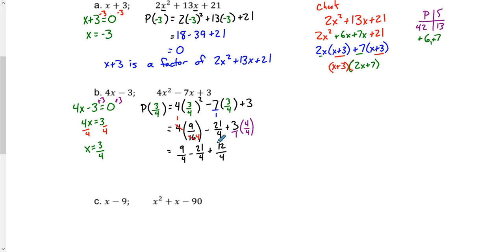Does that work out? 9 subtracting 21. Because now that we have common denominators, we can just add and subtract across the top. Yep. This is 0/4, which means 0.